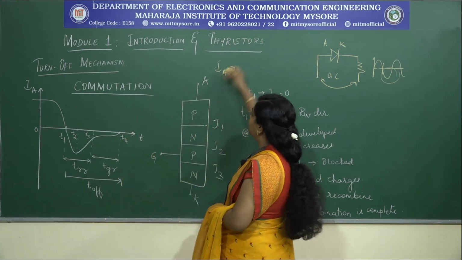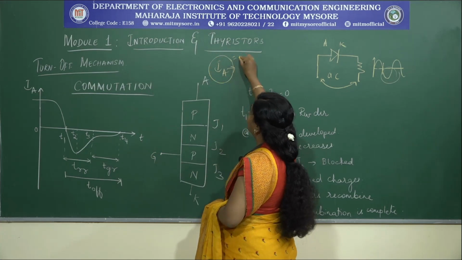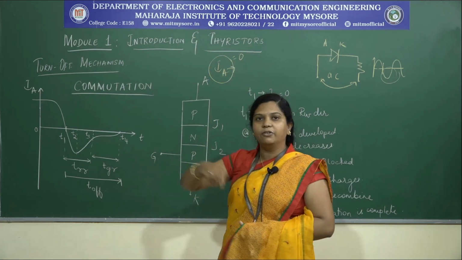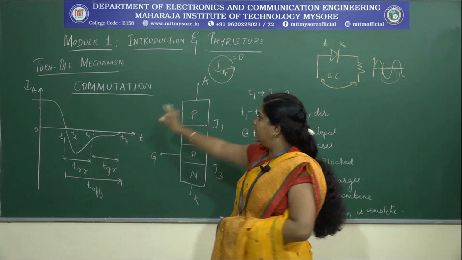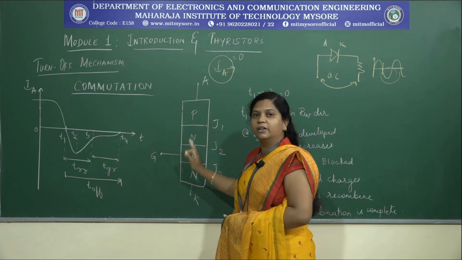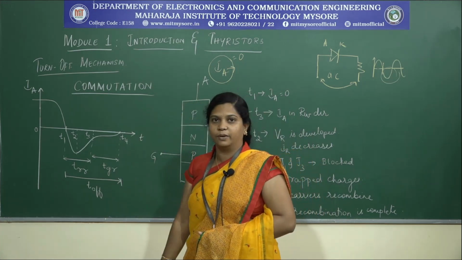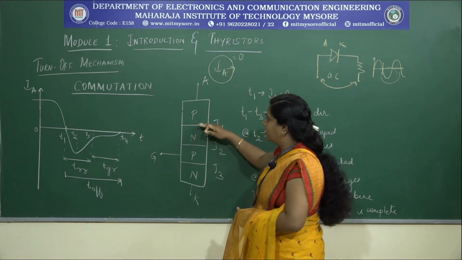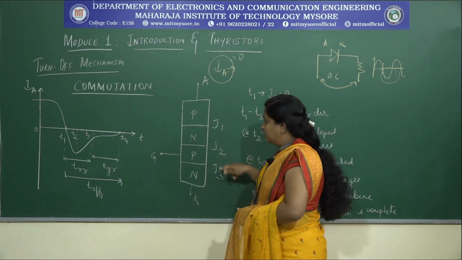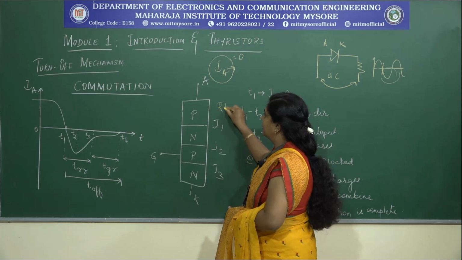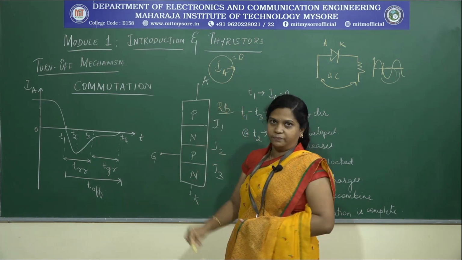We have to reduce this anode current to 0. Reduce the current flowing means we have to completely make it 0 current. When will this be 0 current? When all the junctions are in their reverse biased condition.